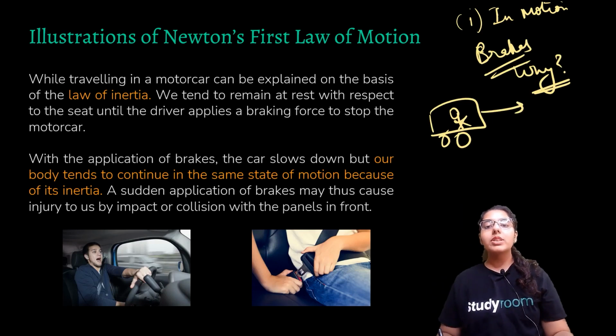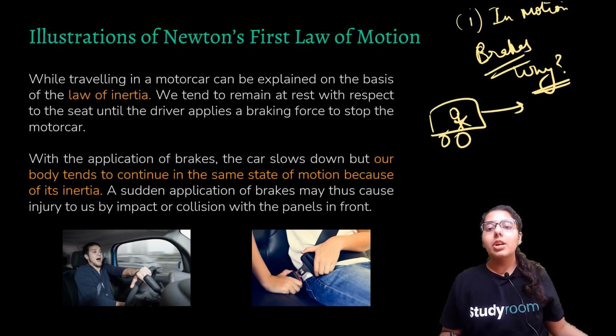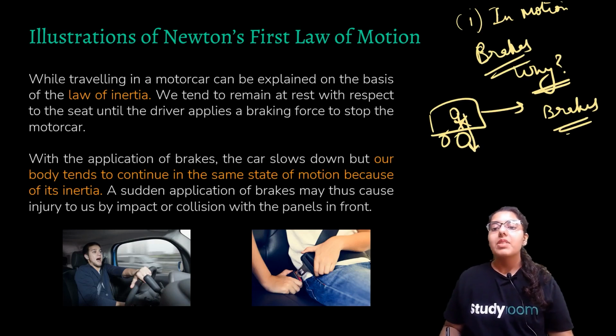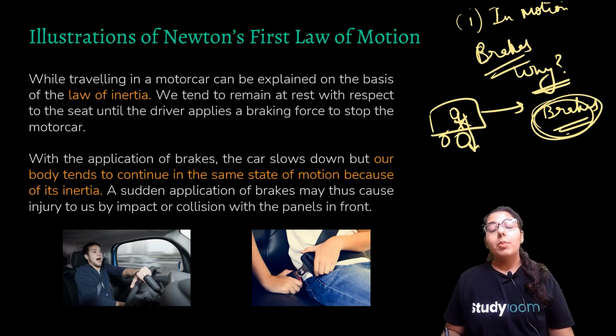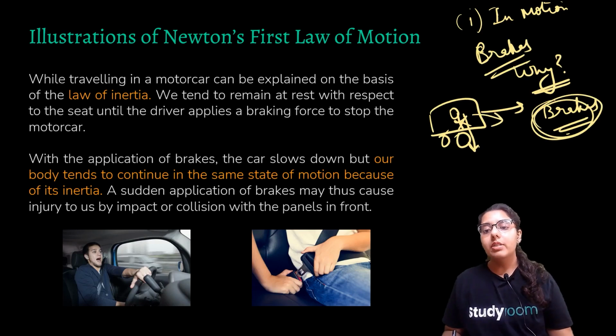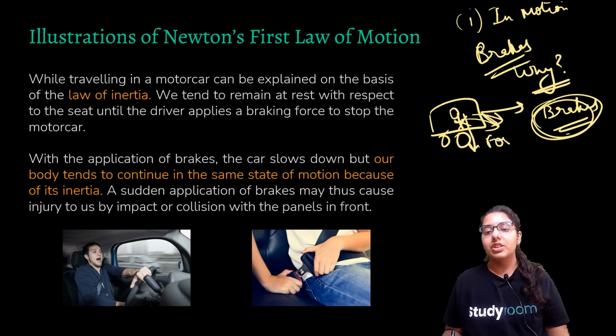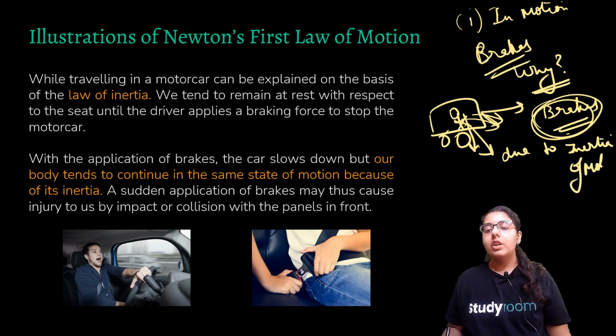Your body is in motion, and suddenly the brakes are applied. Your body tends to remain in motion, so it is pushed forward. You fall in the forward direction. Why do you fall in the forward direction? Due to inertia of motion. We call it inertia of motion because your body is already in motion.